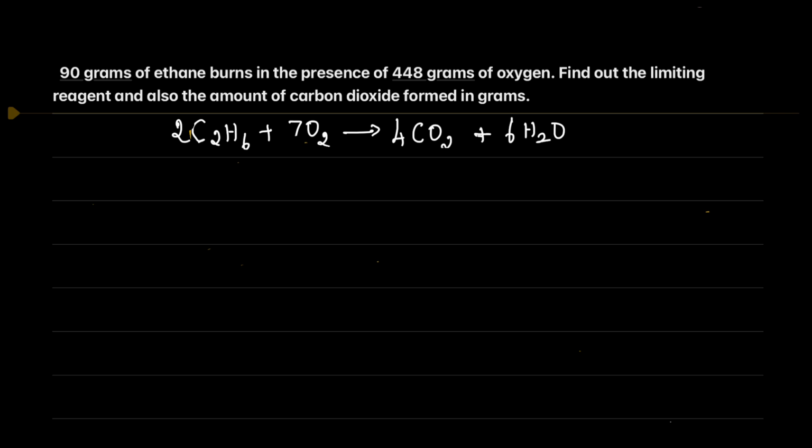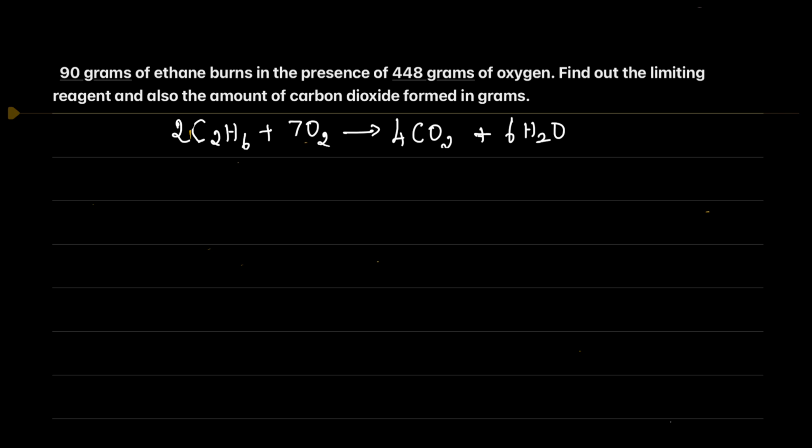We have to calculate how many grams of oxygen are required to react with this 90 grams of ethane. The first step is writing the balanced equation, which we have already done.